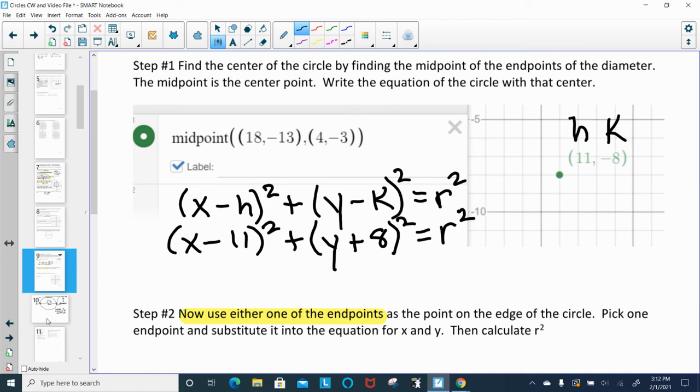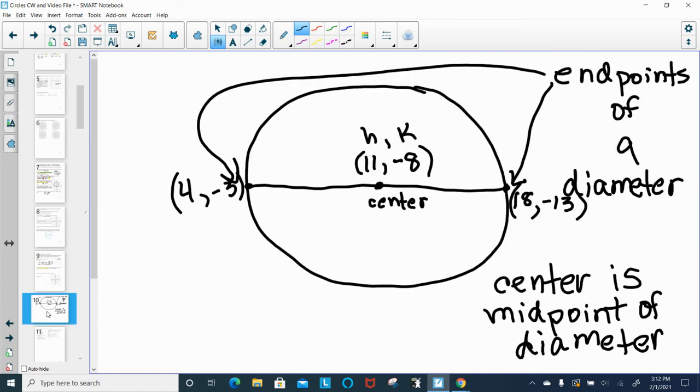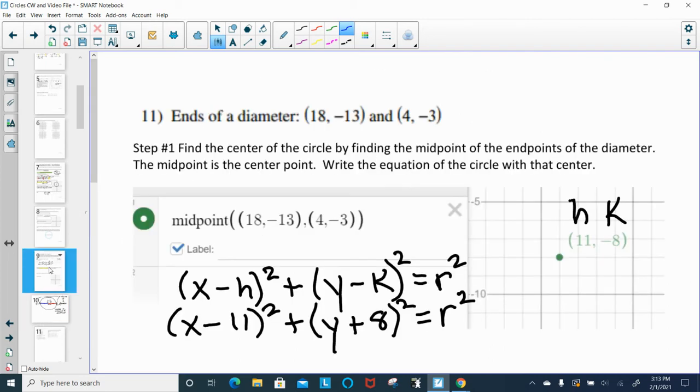And why is that? Well, if you look at our picture, if I used 18, -13, that's going to give me a radius in red. If I used 4, -3, that's going to give me the same length radius, but it's marked there in my picture with the blue. So regardless of which point we use, the 18, -13, or the 4, -3, it's going to work as long as we do our calculations correctly.